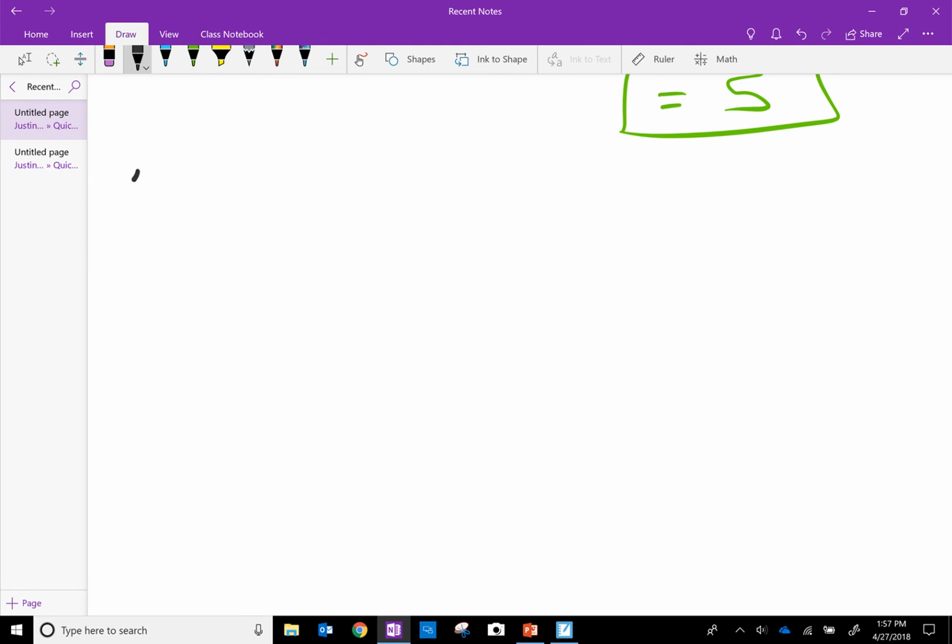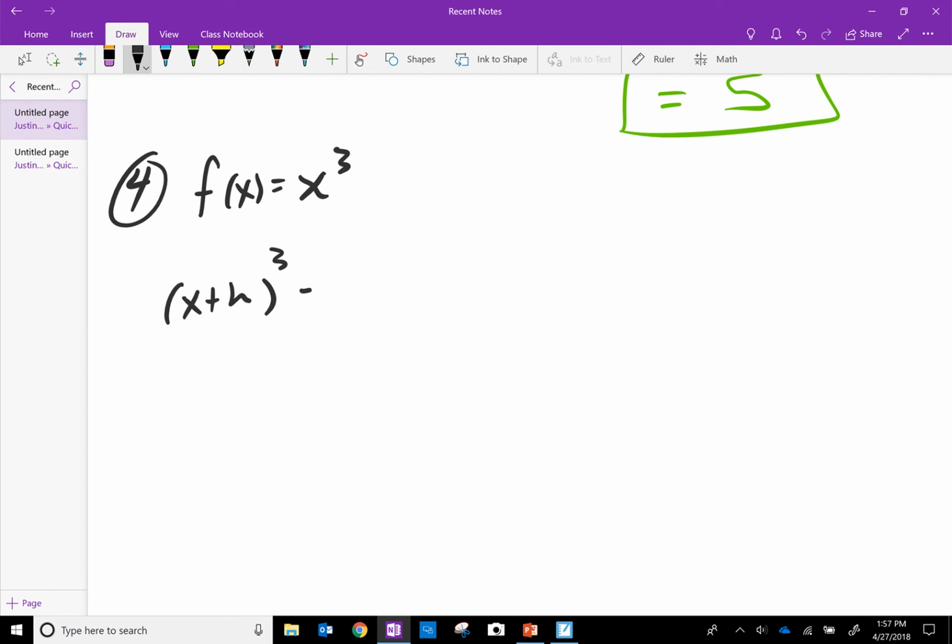Last one. The function is f of x equals x cubed. So if I use the difference quotient, it'll be (x plus h) cubed minus x cubed all over h. This one's going to require a little bit of work.